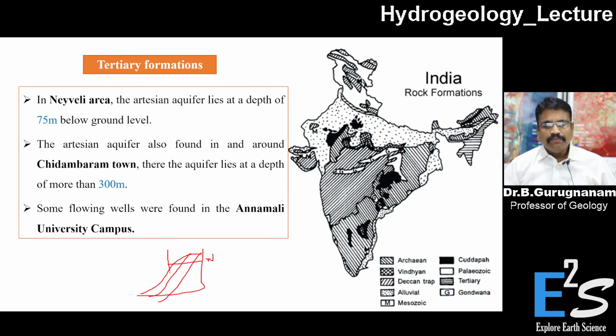If I am making a bore here, because of the pressure here, automatically the water will be coming out, and then you will be getting an artesian system over here. So this is how artesian water is there in Neyveli and Chidambaram, including the Annamalai University campus, where we have noticed this type of changes.